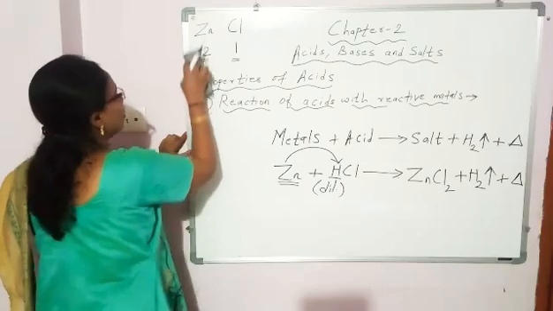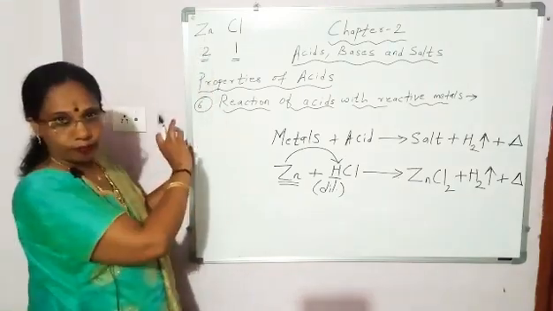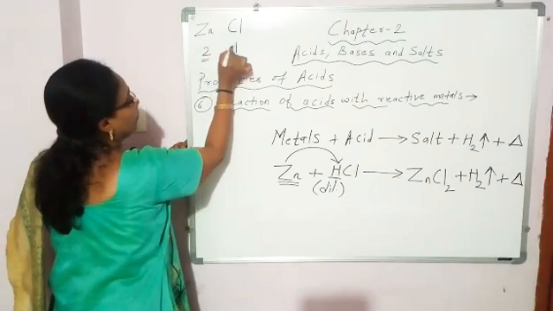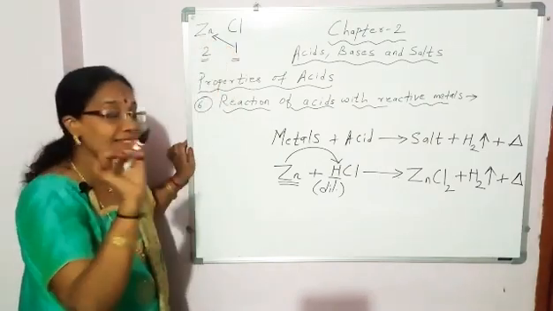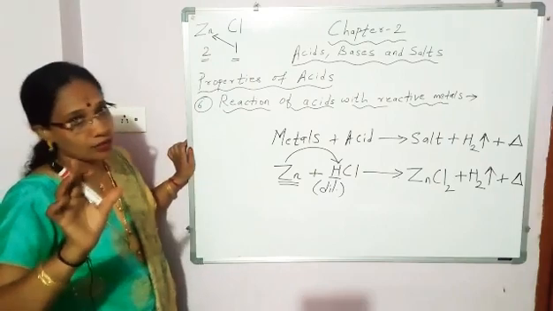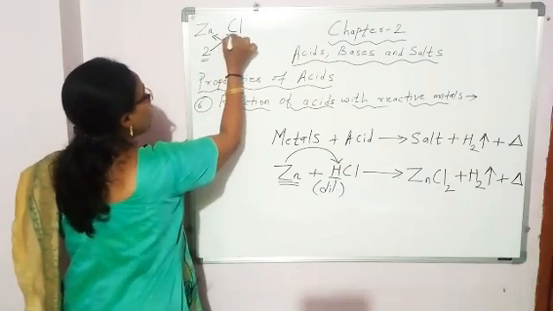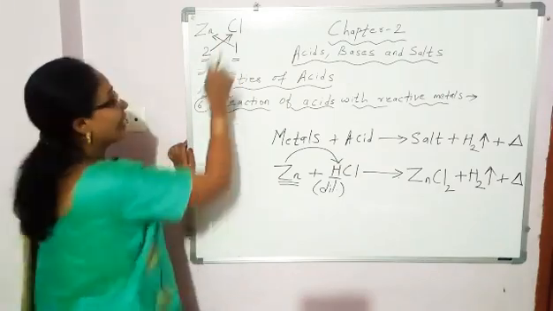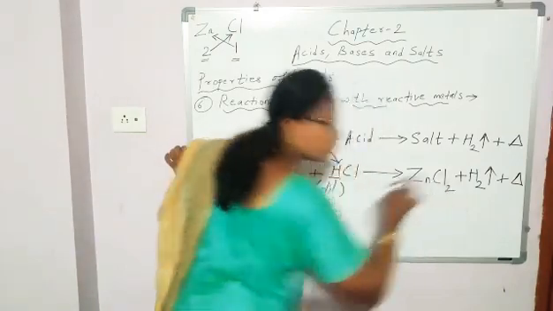To frame the formula, when valency is different, remove charge and cross multiply. This 1 will go with zinc, so you will not write Zn1. It is understood. You write only Zn. Then this 2 will go with chloride, so you will write Cl2. So what is formula? ZnCl2.